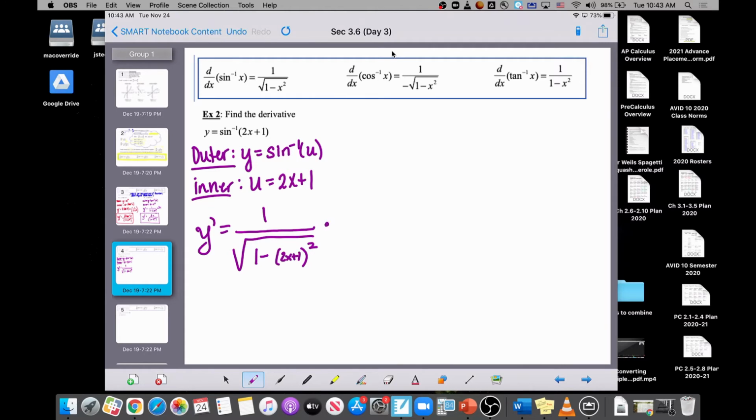But then I have to multiply times the derivative of the inner function, and the derivative of 2x plus 1 is 2. So now I can clean this up, and I can write this as y prime equals, in the numerator, 2 over the square root of, and you could FOIL out 2x plus 1, quantity squared, and combine like terms, but in this case I'm just going to leave it in the parentheses like that.